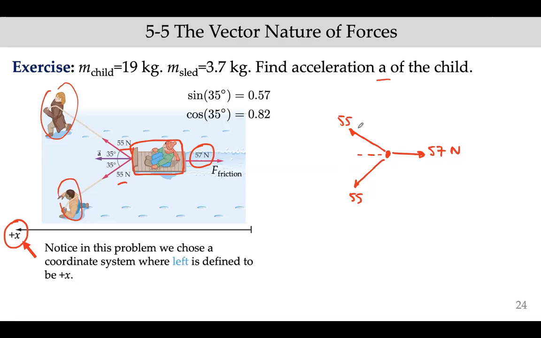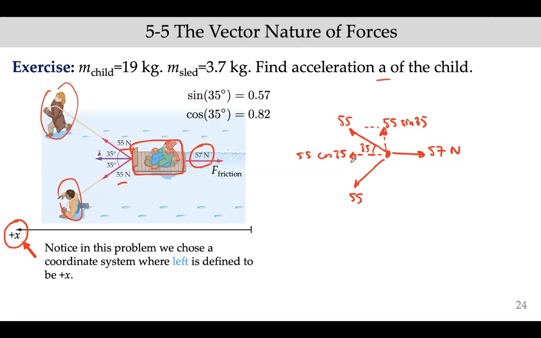Okay, so now there is this y component. If this is 35 degrees, how do you calculate it? Well, this will be 55 times sine 35. And there's going to be an x component, and it will be 55 times cosine 35.